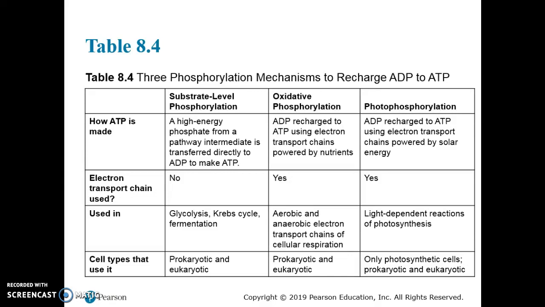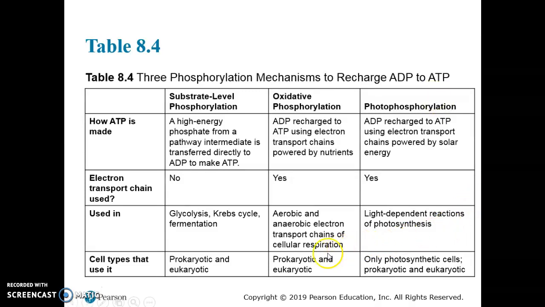And then where is that extra phosphate group going to go? So there's three different mechanisms to recharge ADP to ATP. First is substrate level phosphorylation. The second is oxidative phosphorylation. And the third is photophosphorylation.